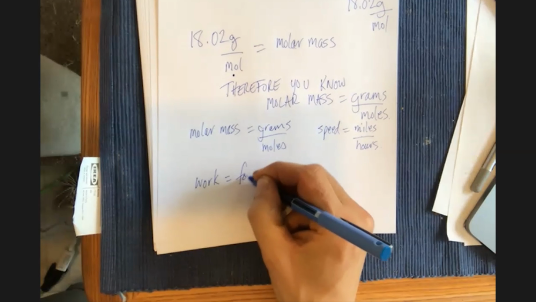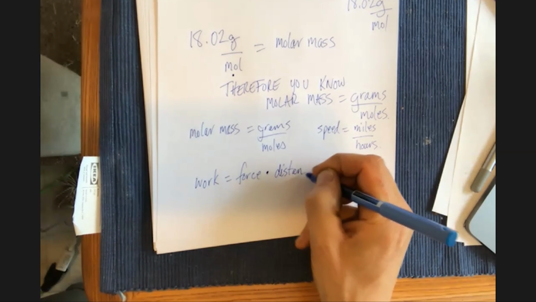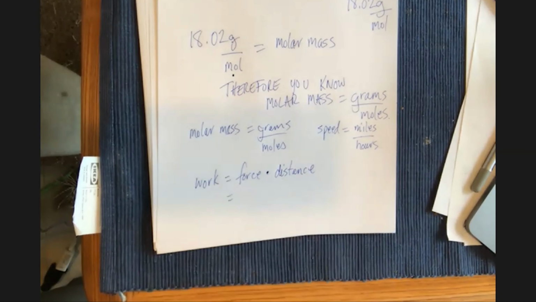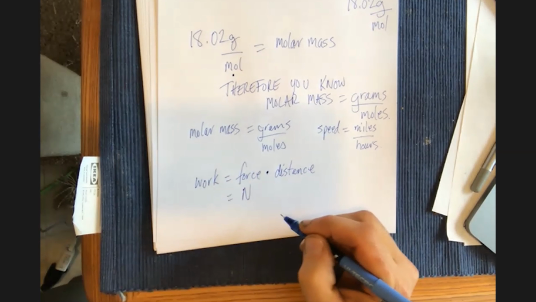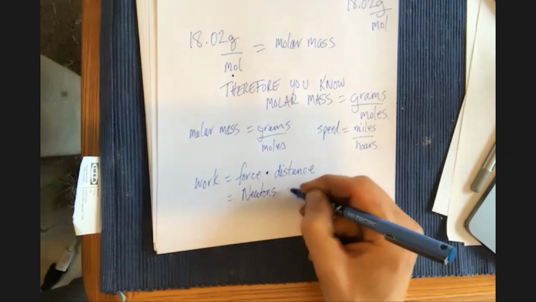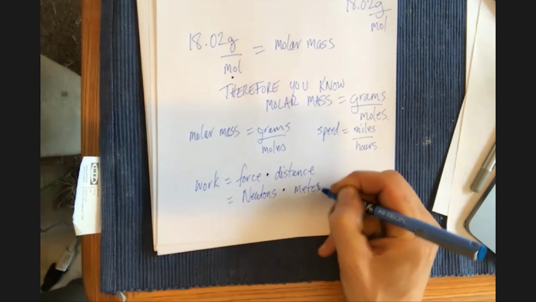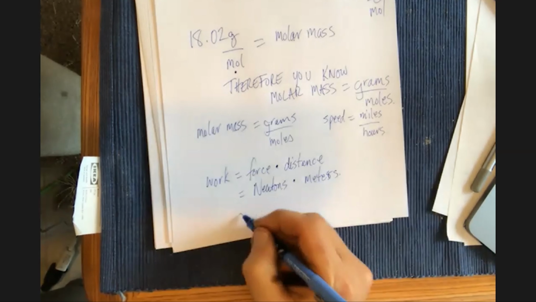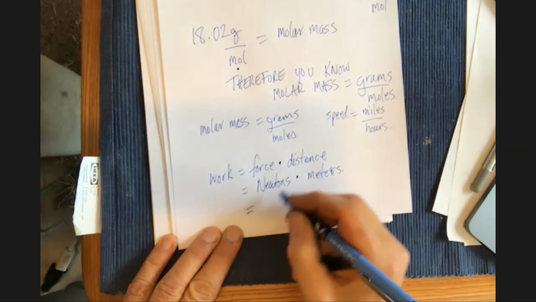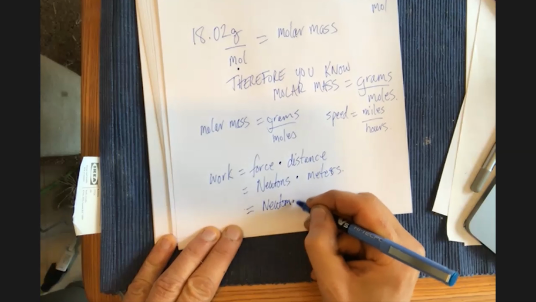Work is equal to force times distance. Any idea what force is measured in? Newtons, if I remember correctly. I think it is, and I'm not exactly sure how much a Newton is, but it's Newtons times a distance, which might be meters. Oh, meters. And so work is a certain number of Newton meters.